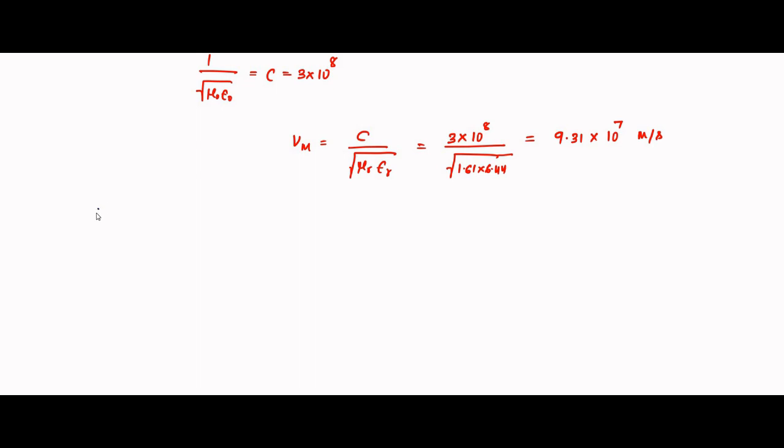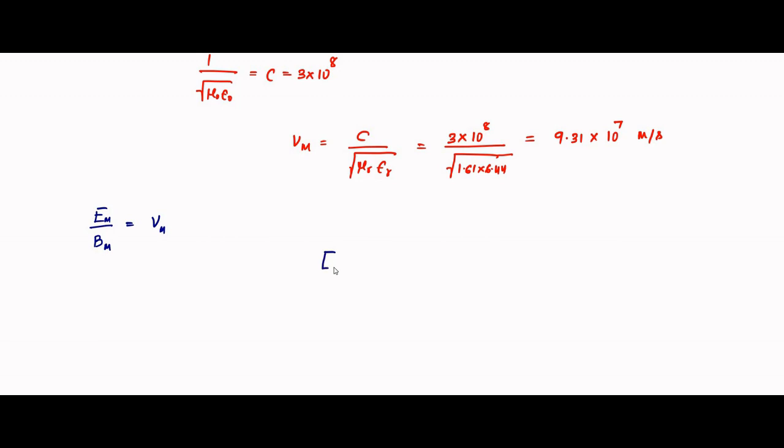The ratio of electric and magnetic flux densities at any particular point in a medium gives us the velocity. So at that particular point, the electric field and the magnetic flux density give us the velocity of the electromagnetic wave at that particular point in the medium.